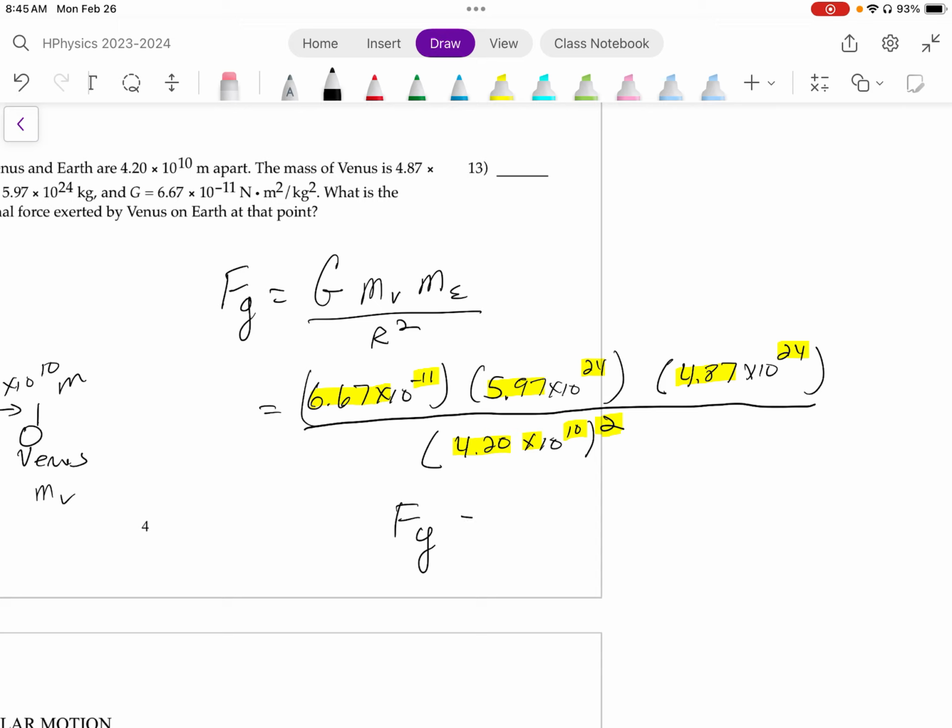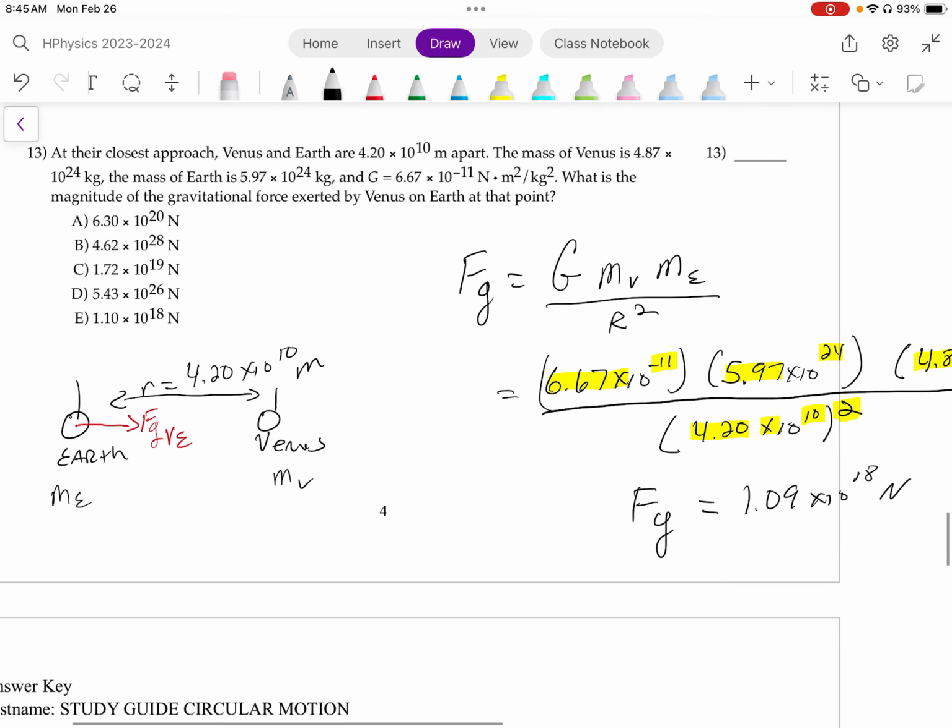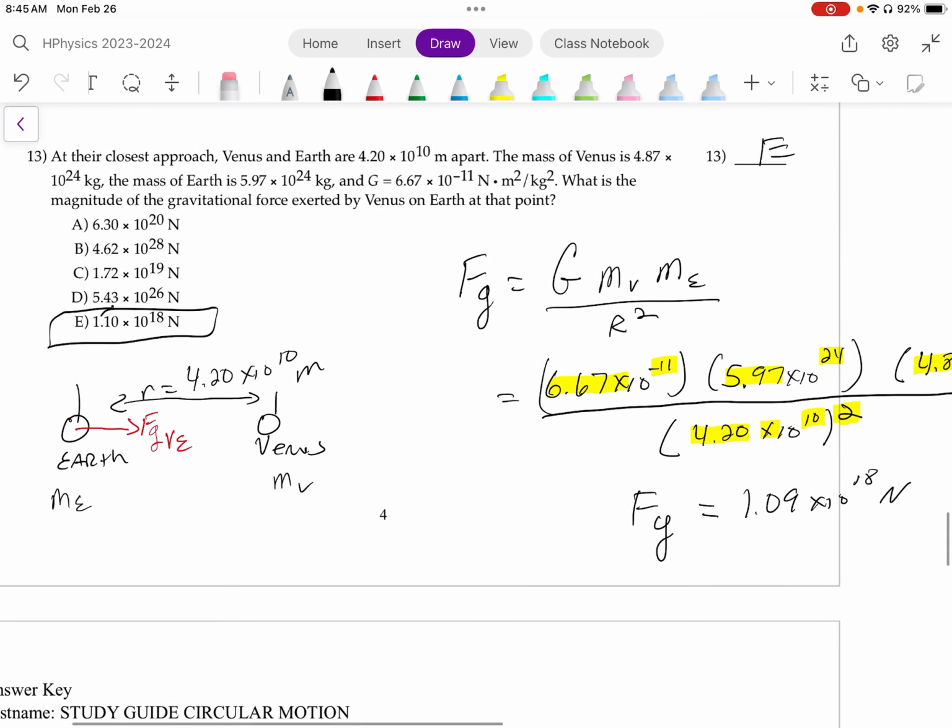Just so you know, it equals 1.09 times 10 to the 18th. That's in newtons. And there is my answer. It is E.